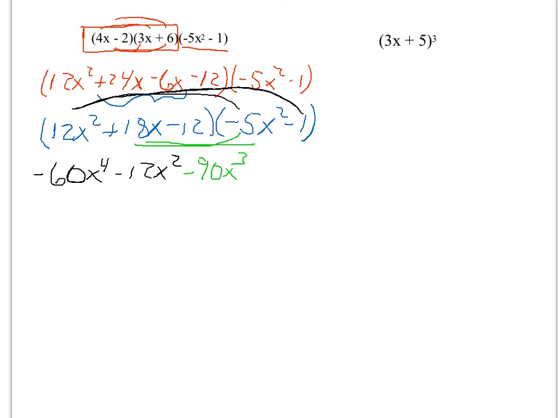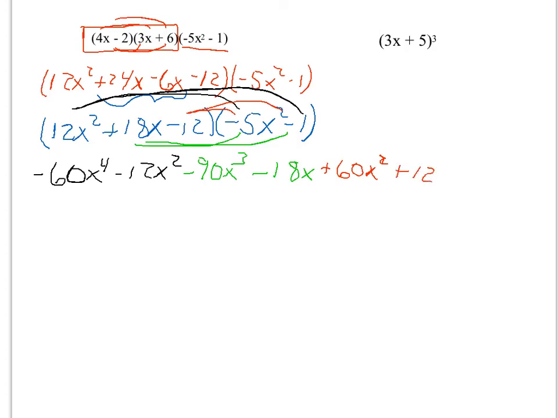And 18x times negative 1 will be minus 18x. And then we do that last term, that negative 12. So negative 12 times negative 5x squared would be plus 60x squared. And the negative 12 times negative 1 would be plus 12.